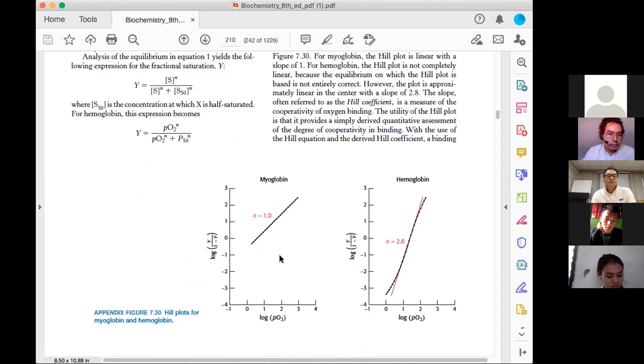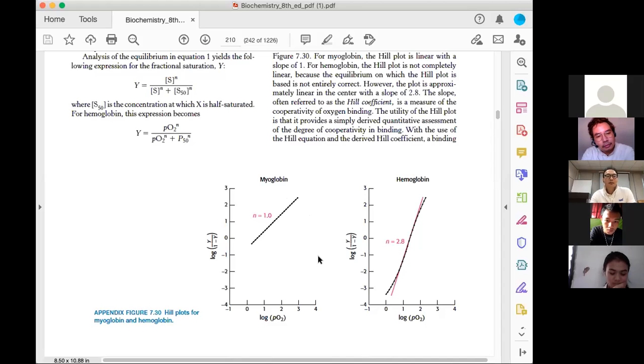If you look at the graph right here, this is myoglobin. Myoglobin has only one subunit, so myoglobin is working independently, unlike hemoglobin. Therefore, the score of cooperativity for myoglobin is 1.